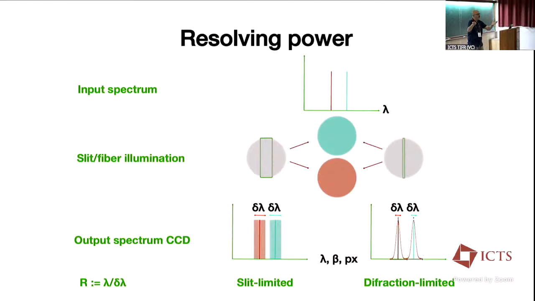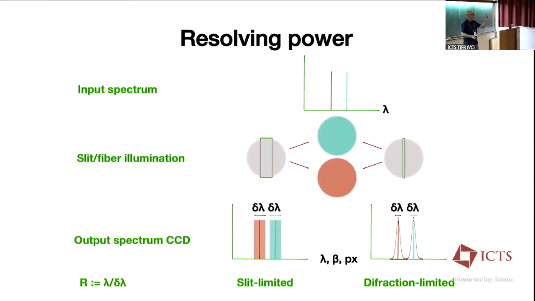The disperser helps us in separating them spatially. But what you see is a monochromatic image of the input slit. If you illuminate your slit with a star, you will get an image of the slit here.